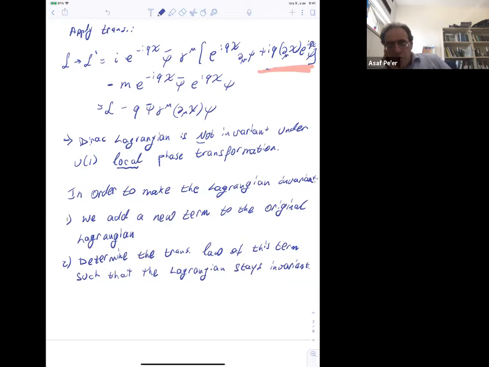So the required gauge invariance can be restored if we replace the derivative ∂_μ of a free particle with a covariant derivative.